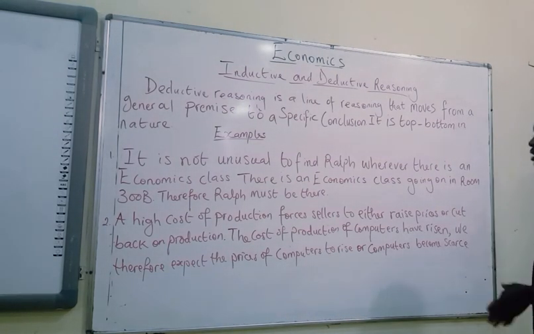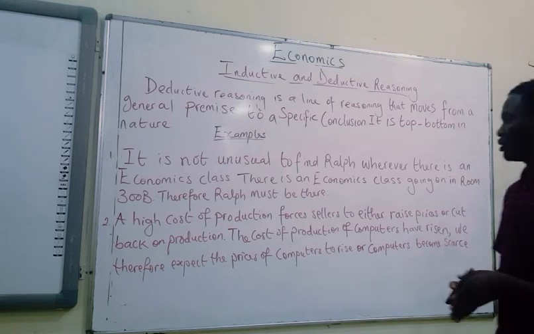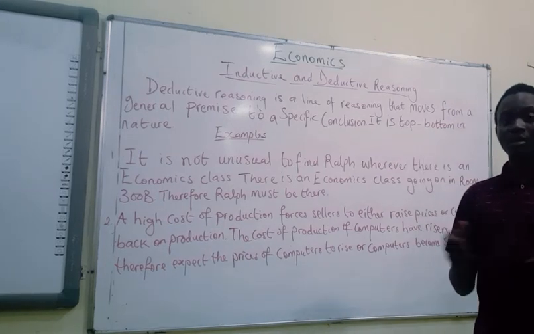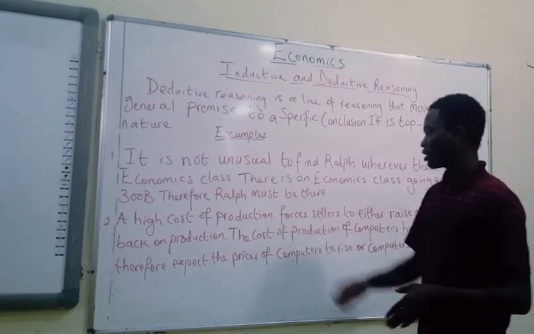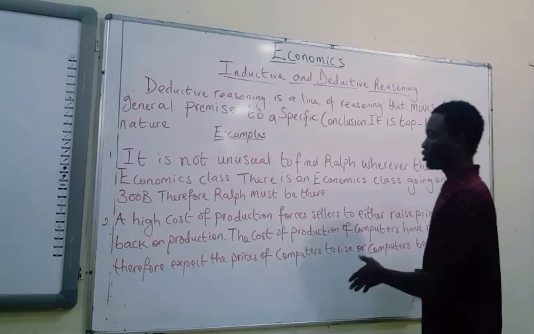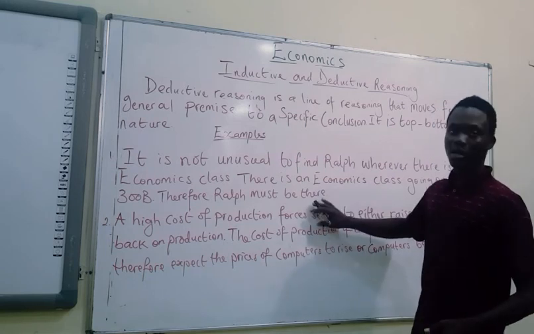But let's take an example. We are now applying that general knowledge to what is happening in the market for computers. The cost of production of computers has risen. We therefore expect the price of computers to rise or computers to become scarce. So we are making this specific conclusion from the general premise.